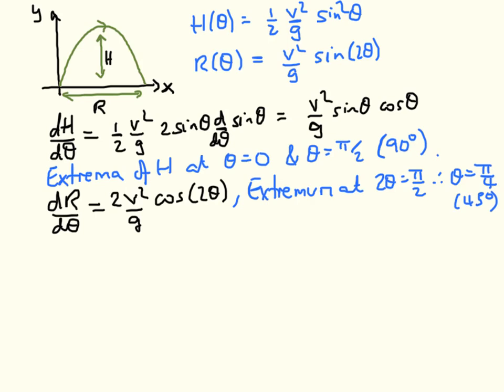So to finish the podcast, what I want to understand now is why we have factors of v squared over g. So finally, why v squared over g factors?